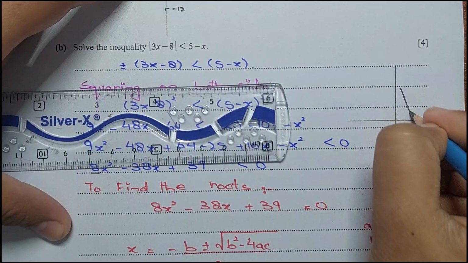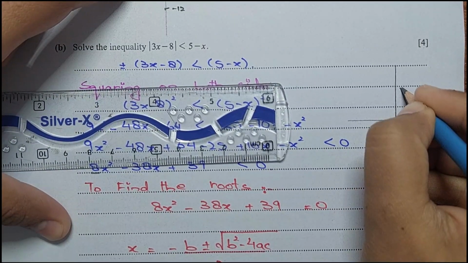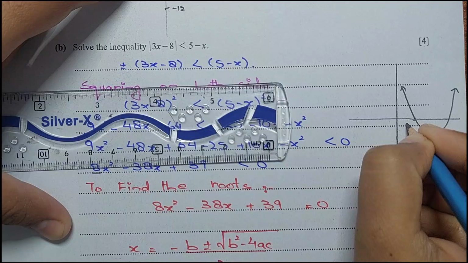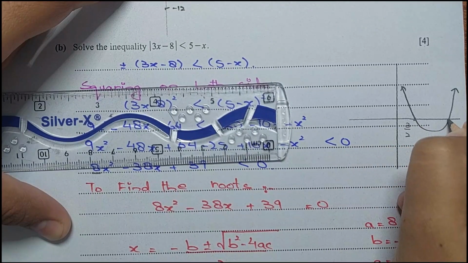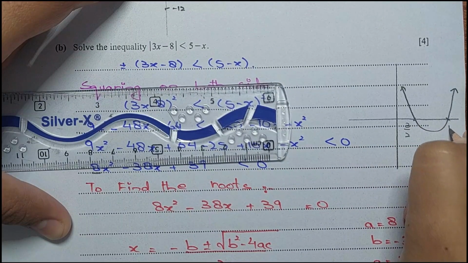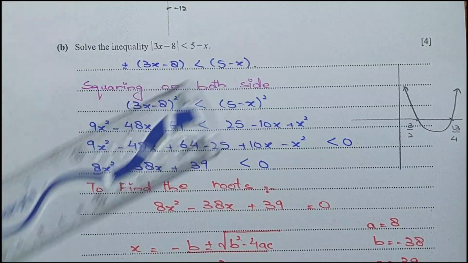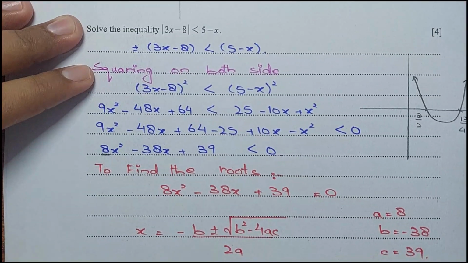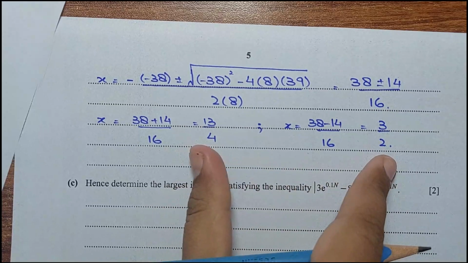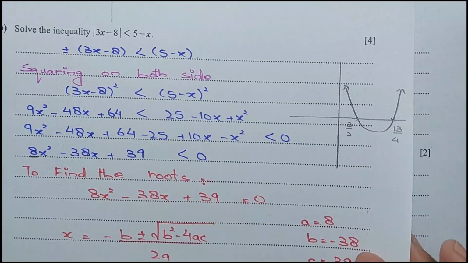Let me draw that parabola. Its opening is upward, right? This point is 1.5, which is 3 by 2, and this point is 3.25, which is 13 by 4. These are the two zeros, or the x-intercepts, or the two roots of this quadratic equation which we have solved, 13 by 4 and 3 by 2.